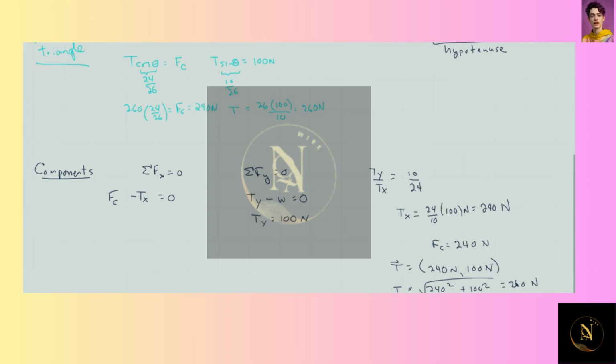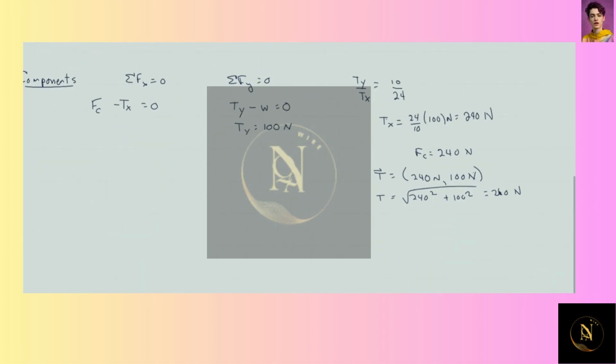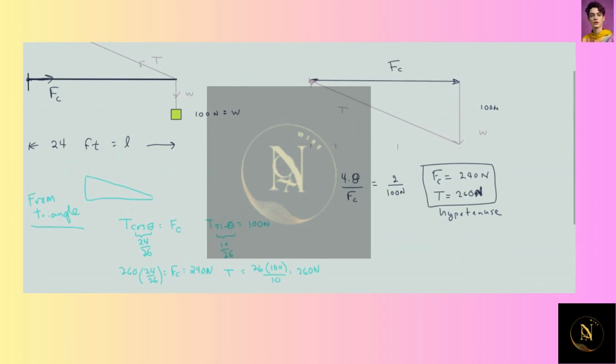And its angle, if we wanted to actually find that angle in degrees, we could say that tangent of theta is 10/24. Take the arctangent and we would get 22.6 degrees. And I'll just show that angle, but it's the angle in the triangle. This angle here. Oops.